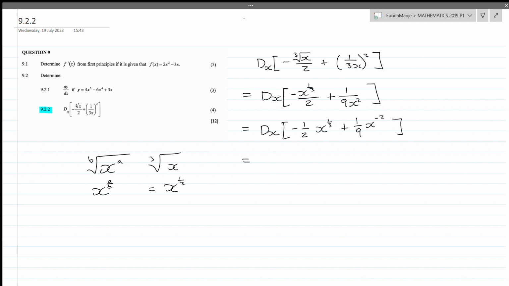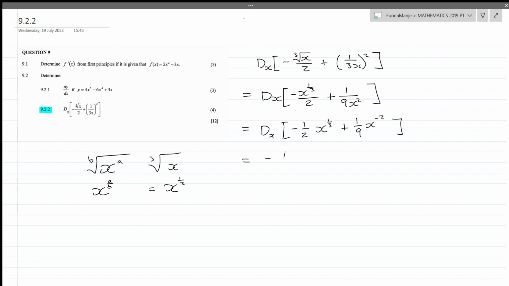So in this step now, I no longer need to write dx, because now I'm going to perform this function on each and every term that is in here. So I'm going to differentiate this first term in terms of x. That will be multiplying minus 1 over 2 by 1 over 3.